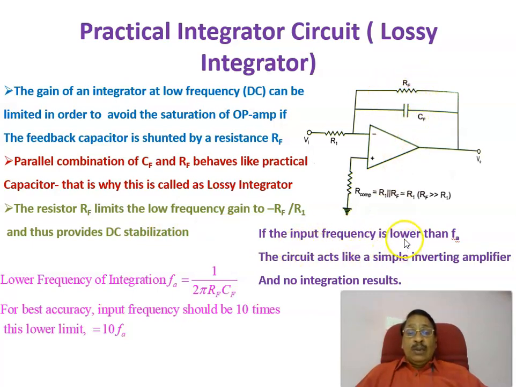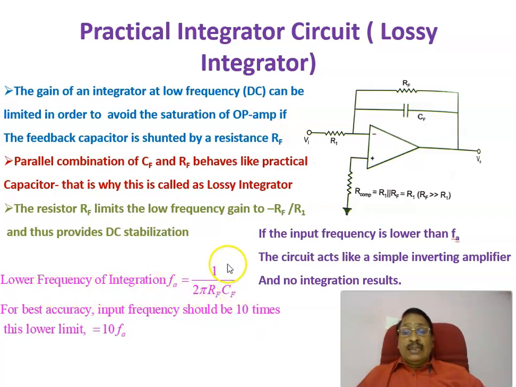Consider the frequency FA, which is equal to 1 by 2 pi RF into CF. This is the lower frequency of integration.